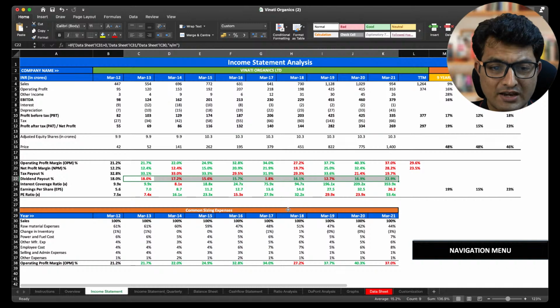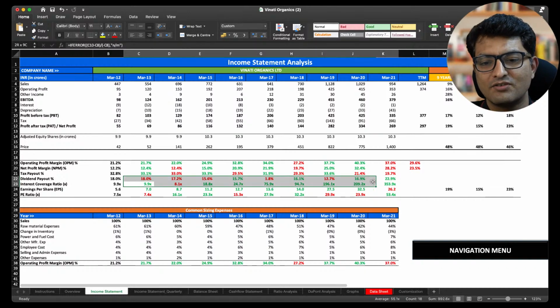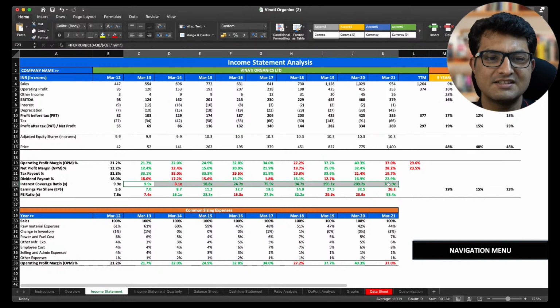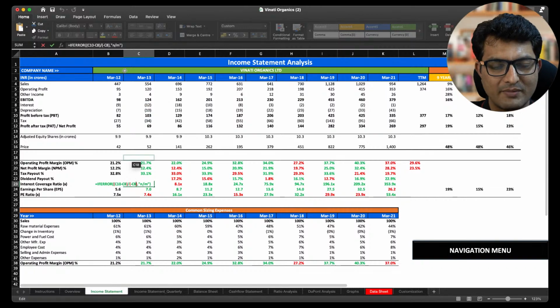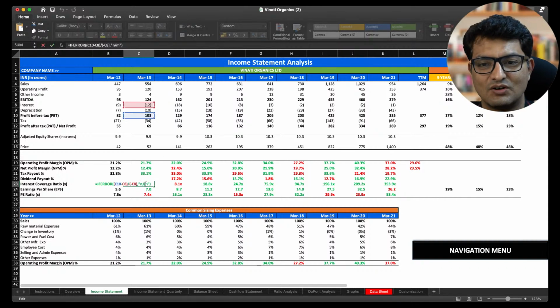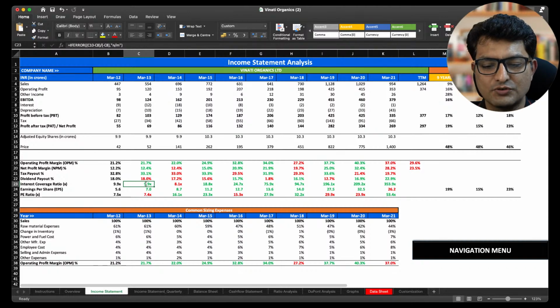Okay. Then a very important metric is interest coverage ratio. What is interest coverage ratio? It basically says, on your PBT, like profit before tax, how much are you paying in interest? Okay, so it's like this. Suppose you are earning 1 lakh rupees salary.